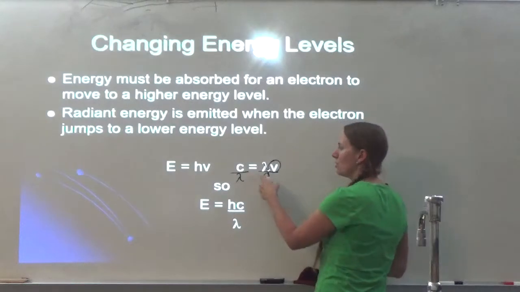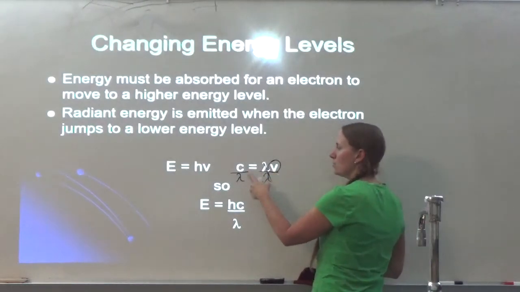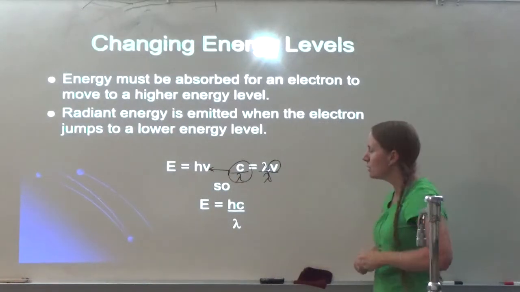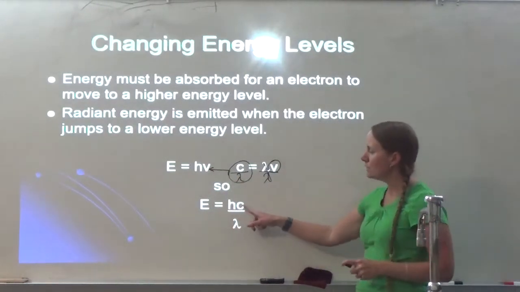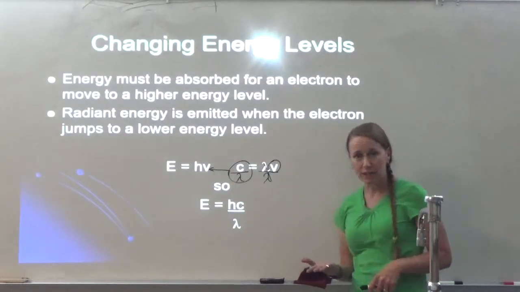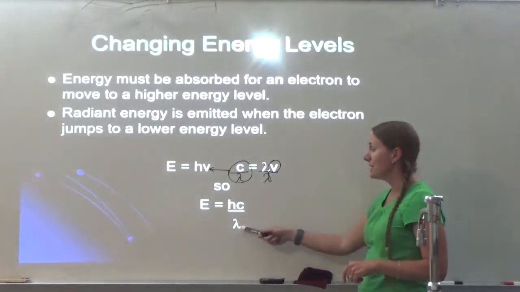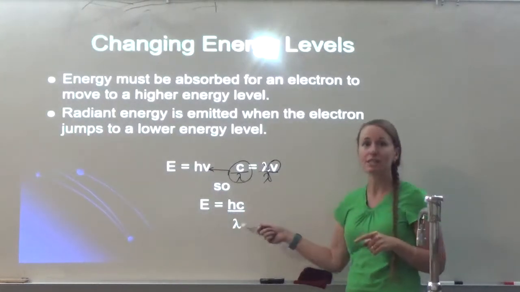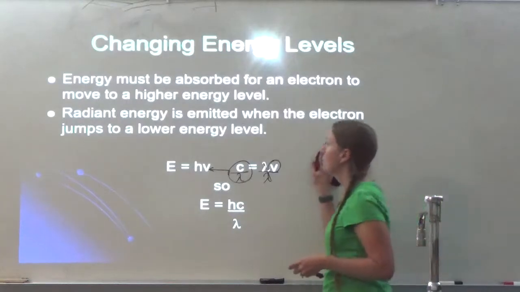If nu equals C over lambda, I can plug that in for nu. So we get E equals h times c, those are both constants, over wavelength. So as your wavelength increases, your energy decreases, since wavelength is in the denominator.